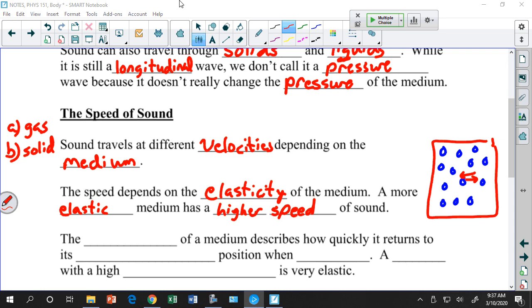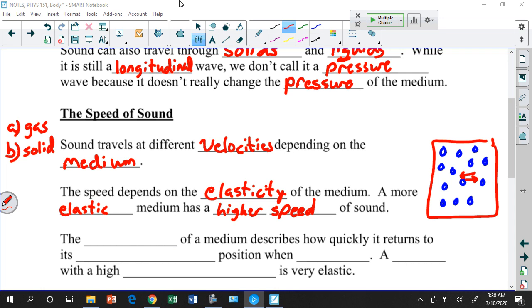But if I try to take a molecule of this desk and move it off to the side, first of all, it's really hard to move it because the restoring force is so high. It's bound up within its material. If I move it, then it's going to move back. So when I make a sound in a solid material, it's going to travel really, really fast. Because as it moves through that solid, it displaces the molecules just a little bit, and then they move back really quickly.